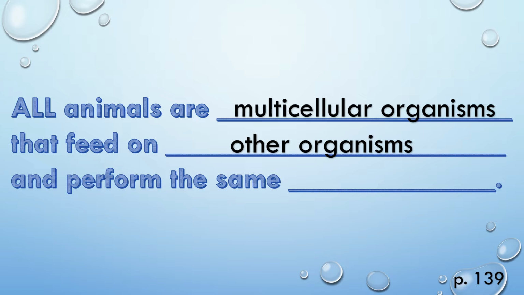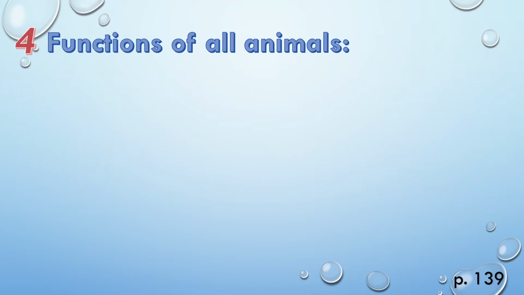They are not producers, they are consumers. So they're either going to eat plants, they're going to eat animals, or they're going to eat both. And they perform the same basic functions. So all animals are multicellular organisms that feed on other organisms and perform the same basic functions. It's a key piece of information, and there will be a test over Chapter 4.